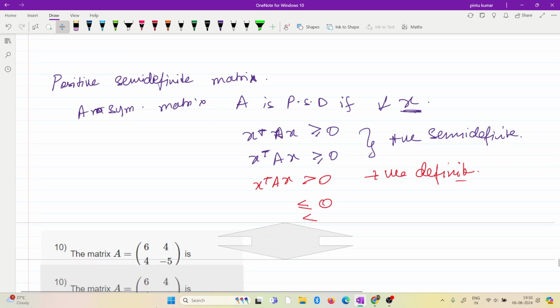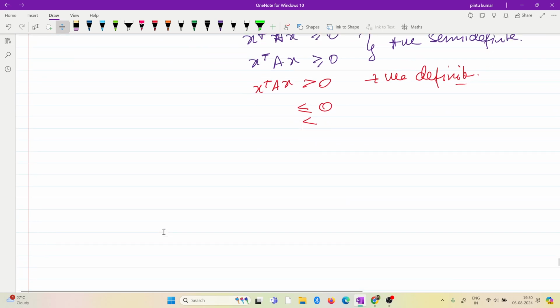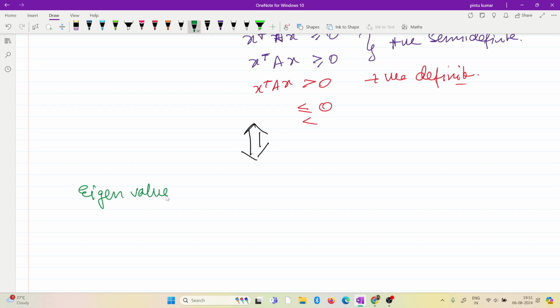I'm mentioning these things because they might be useful. Now, there is an alternate property of a positive semi-definite matrix. If you find the eigenvalues of A and all these eigenvalues are greater than or equal to 0, then also it is positive semi-definite. Similarly, greater than 0, you can define positive definite and so on.